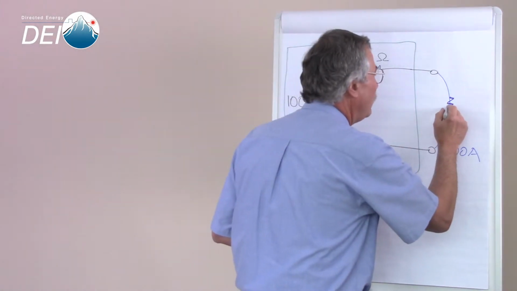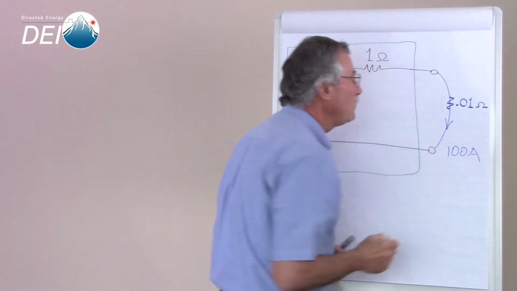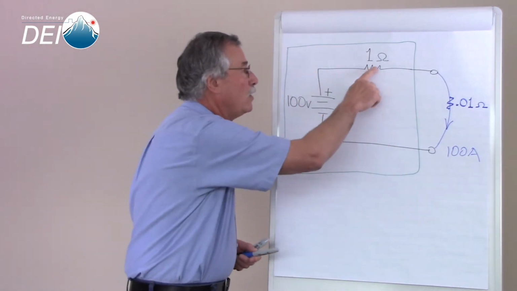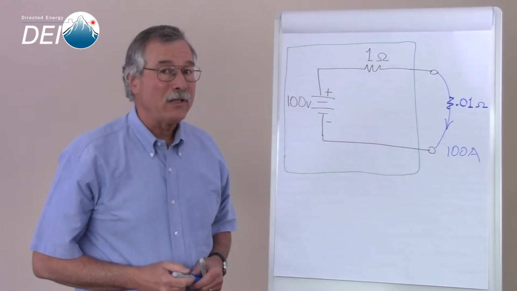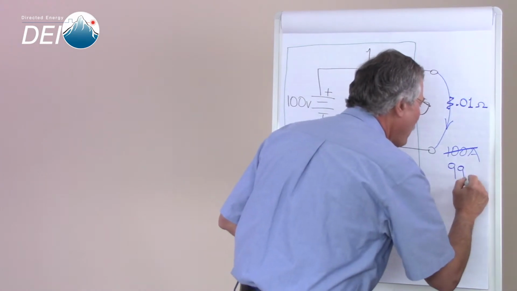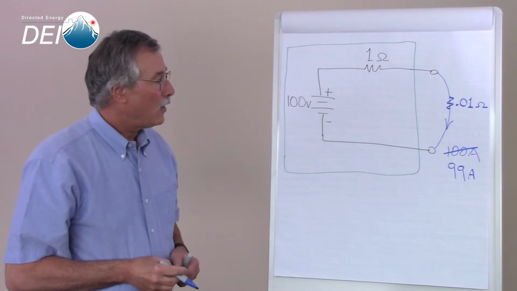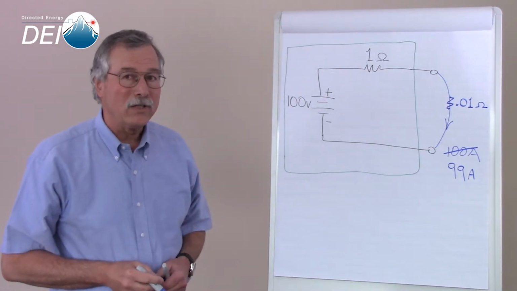We'll just pick a value of 1/100 of an ohm to start with. Our total resistance now is 1.01 ohms, which means the current flow is going to be 99 amps instead of 100. Well, that's fairly close. So our current really hasn't changed very much by the addition of this particular load.